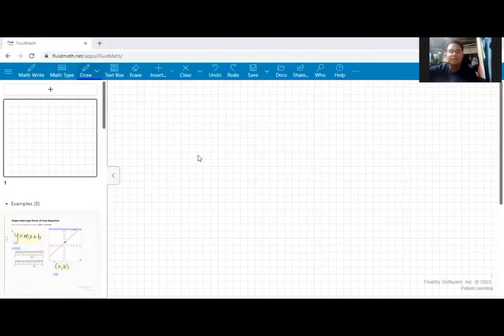For now, we will be using FluidMath to graph the function f of x, example number 1: f of x equals x squared minus 2x plus 3.